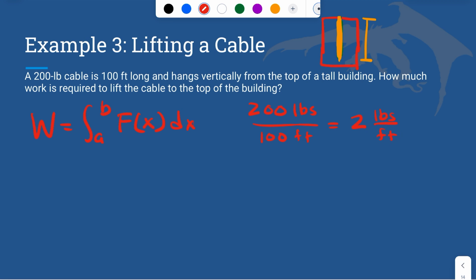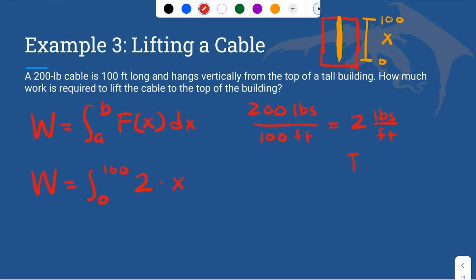Well, we're going to let x represent the distance from the bottom of the cable to the top. So as it changes, x will represent what our new distance from the bottom of the cable to the top of the cable is, all right? So when I set up my function, I'm going from 0 to 100 of 2 times x.